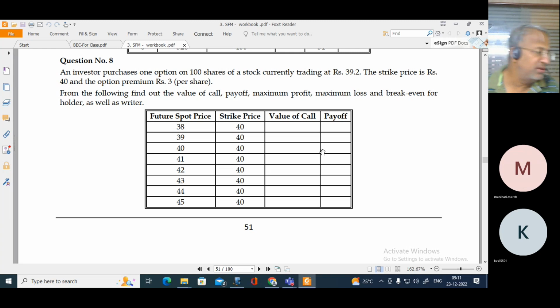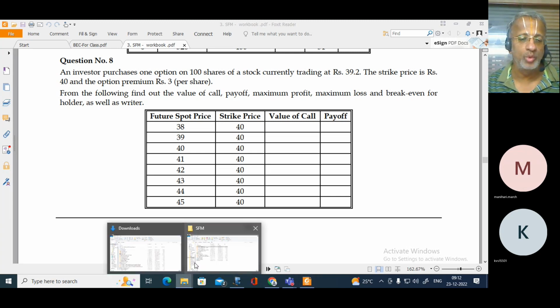From the following, find out the value of the call, payoff, maximum profit, maximum loss, break-even point, as well as the writer's position. They are asking for the value of the call and the payoff. So I feel it is better that we try it through a table.